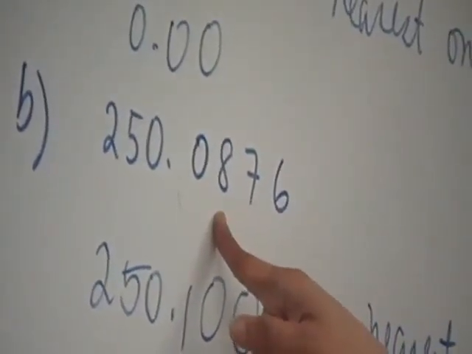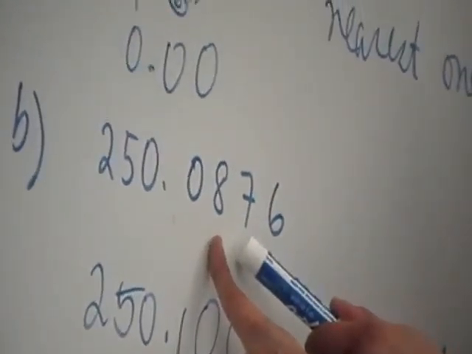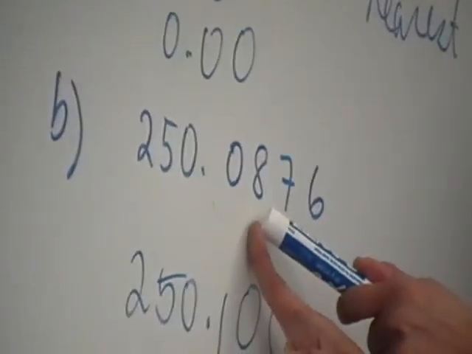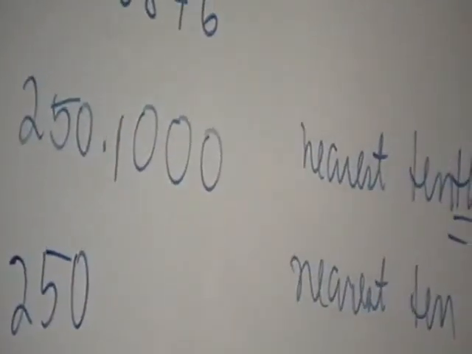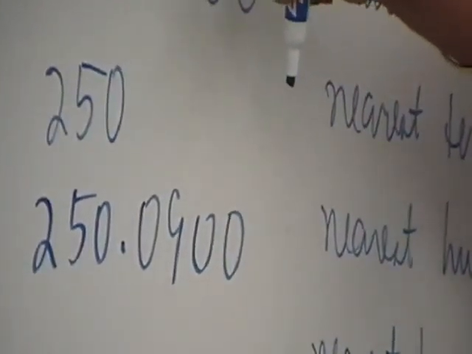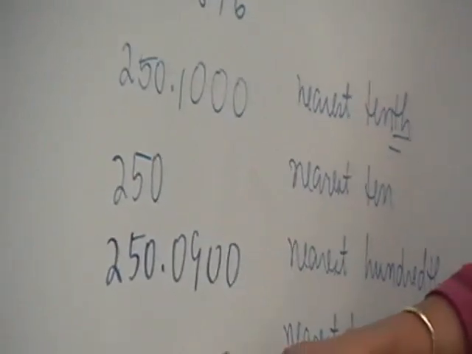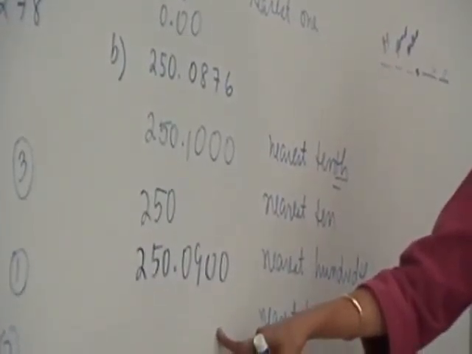You say, hold on, wait, let me decide what to do with you, and I look at the 7. The 7 means that 8 has to go up to 9. You understand? So it's 250.09, and the rest will just become zeros if you wish. Again, that's a good way of looking at it. 876 became 900. If I have 876, it's about 900.